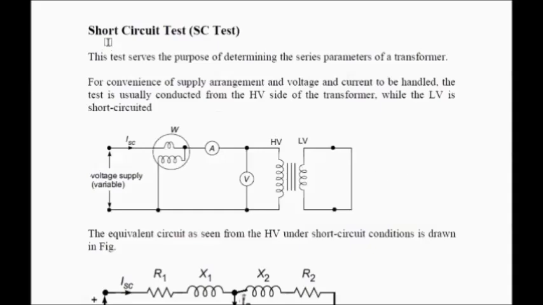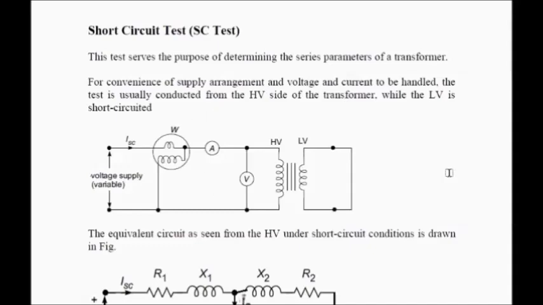Next, I'll focus on the short circuit test or SC test. As the name suggests, I have to short circuit something here, and generally we short circuit the low voltage side and give supply on the high voltage side. Why we do this I will explain later, but what we measure from this test is the series parameters of a transformer.